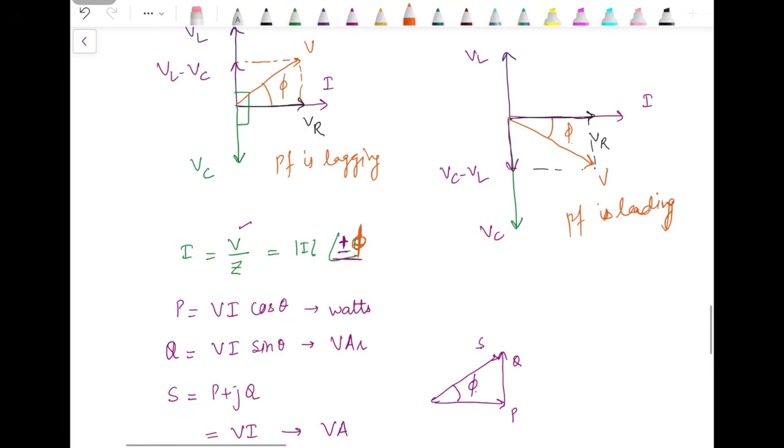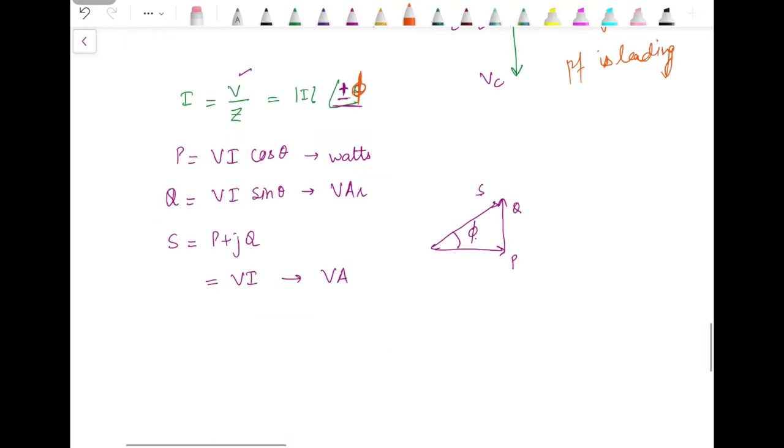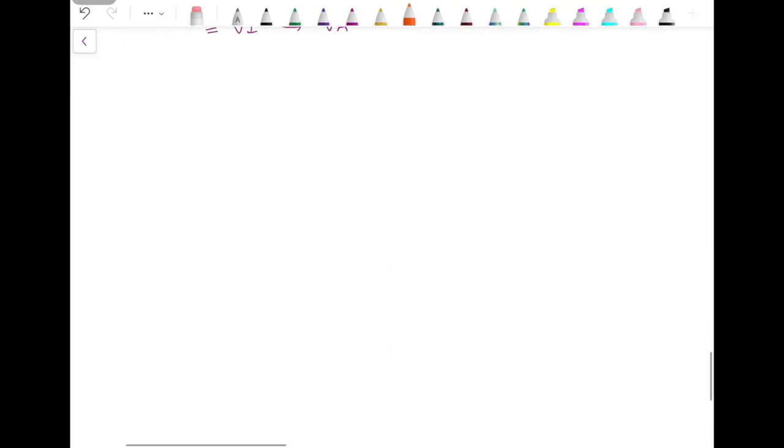So now how to solve these problems? It's always better to solve them with the help of a calculator using the complex mode. Now how to use the complex mode? Let's say I have voltage given as 230 angle 0.